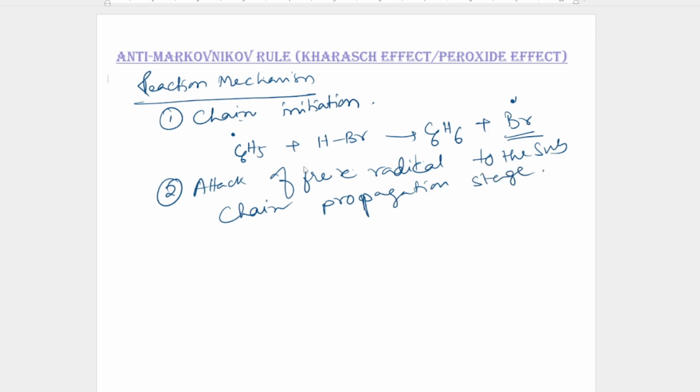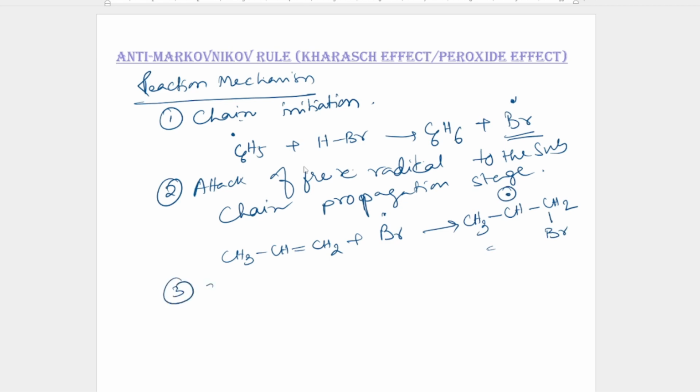Okay, so this substrate is reacting with bromine and it is generating new free radicals. So this is the chain propagation step.